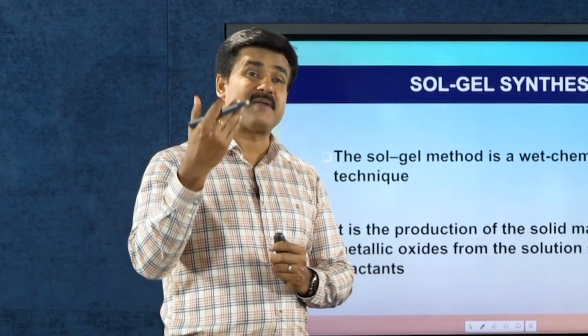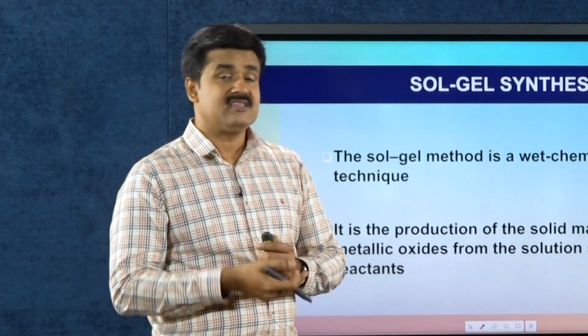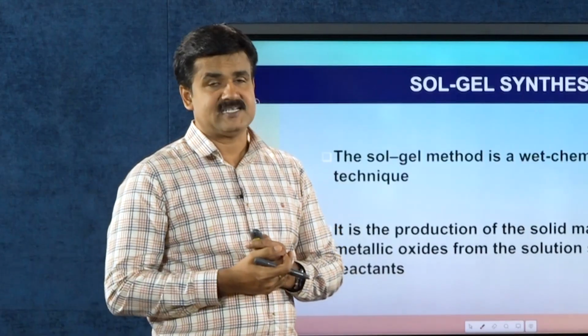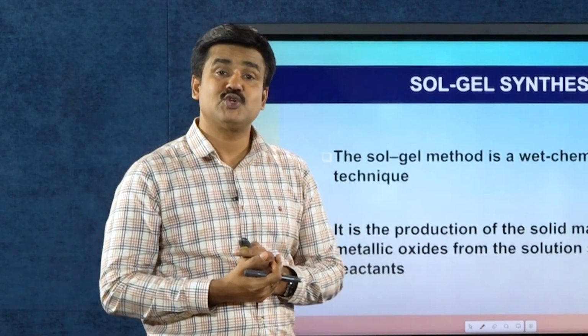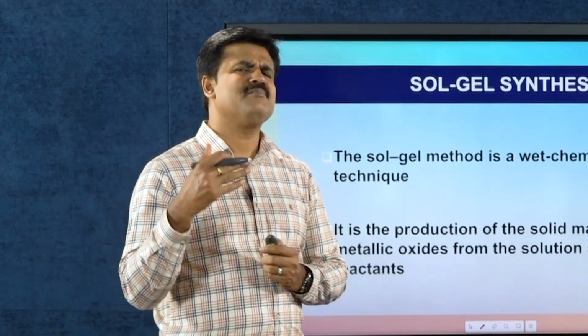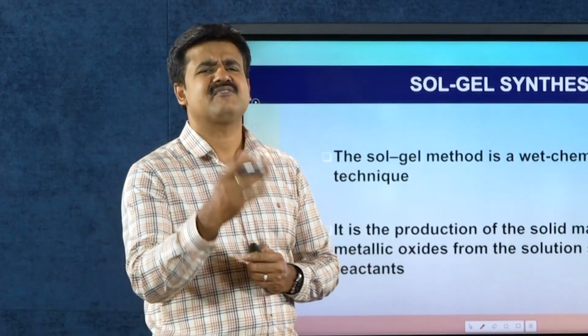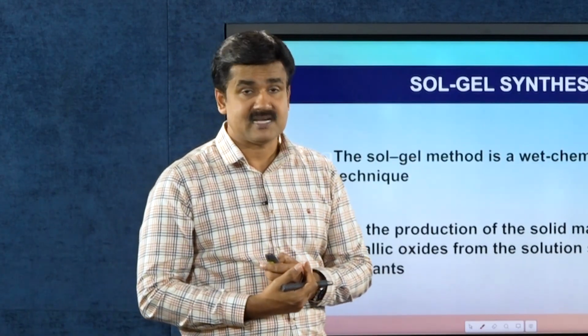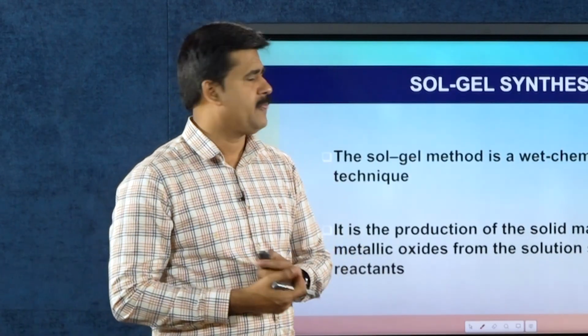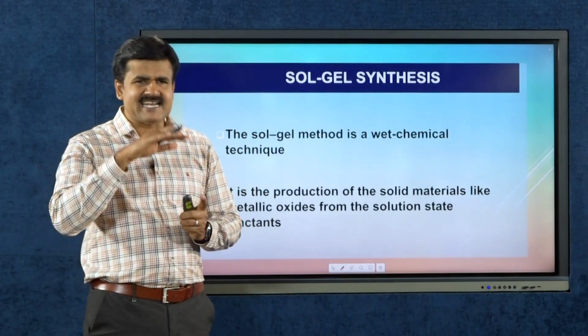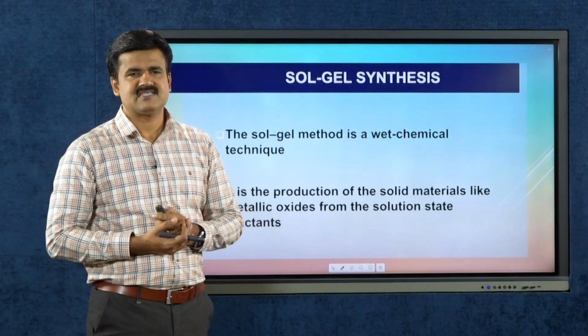The sol gel method adopted for silica nanoparticles is also known as the Stober method. We can study more details of the Stober method when we discuss silicon dioxide nanoparticles, which is in your syllabus. So, we can enter into the general details of the sol gel synthesis.